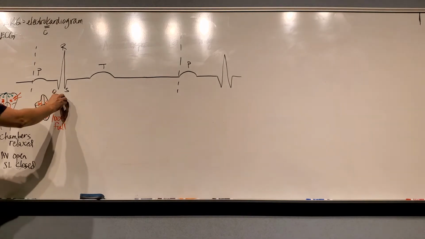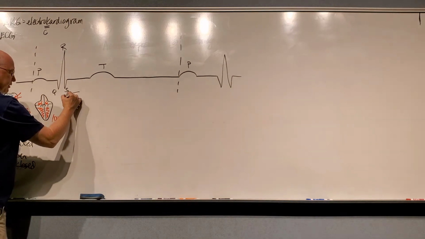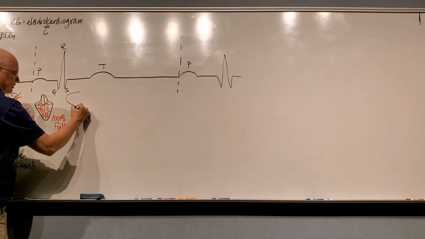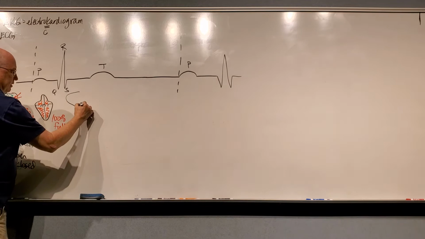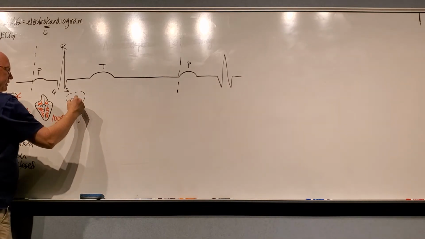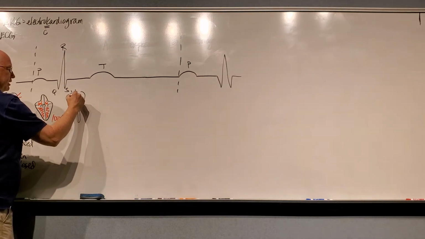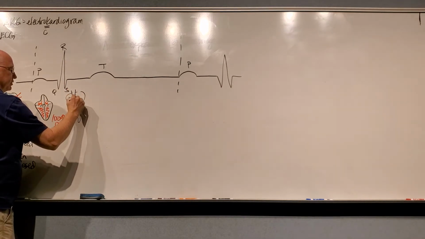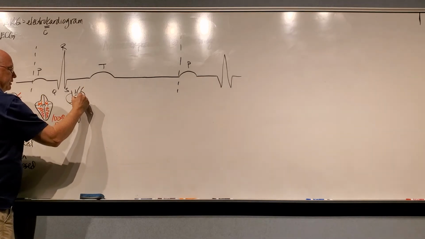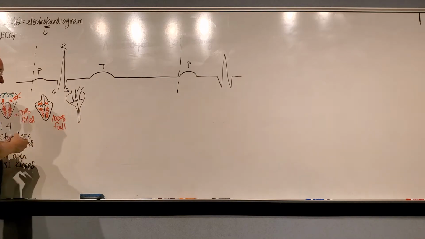When we get to the QRS complex, and shortly thereafter, essentially what's happened is the atria have relaxed, but now the ventricles have contracted. And the way I kind of picture in my simplistic brain is the heart looks something like this, and I have the pulmonary trunk coming up one side with the pulmonary semilunar valves, and the aorta coming out the other side with the aortic valves, and here's the interventricular septum.